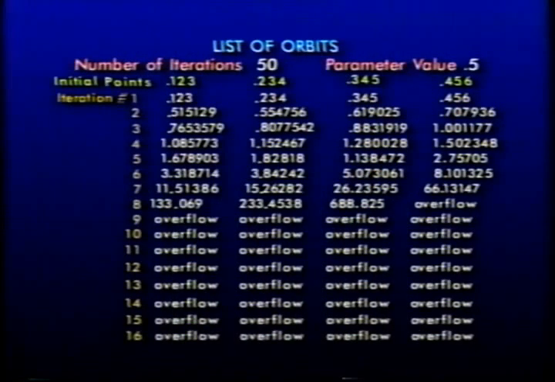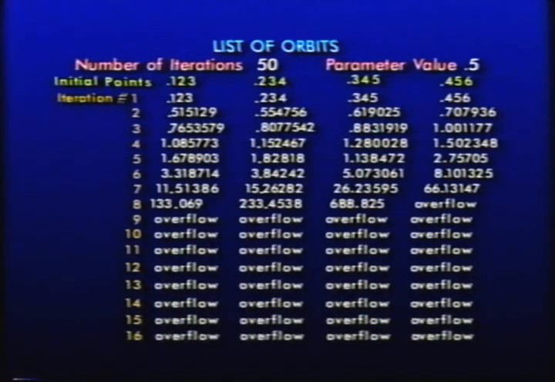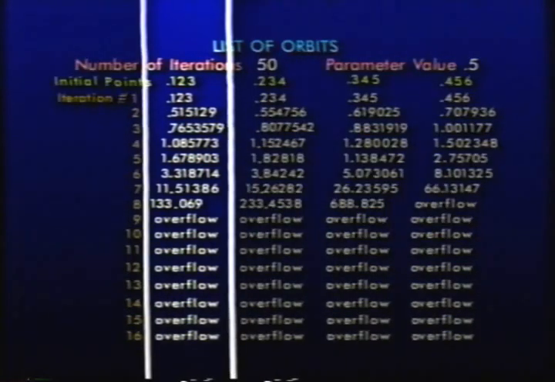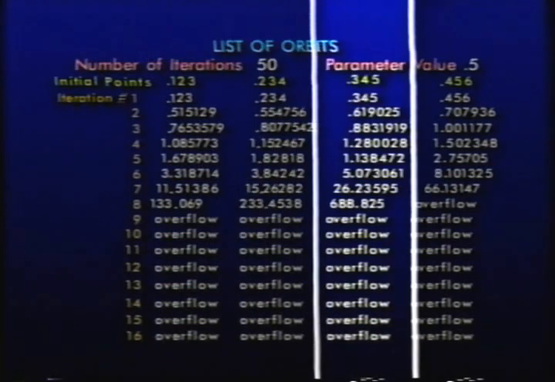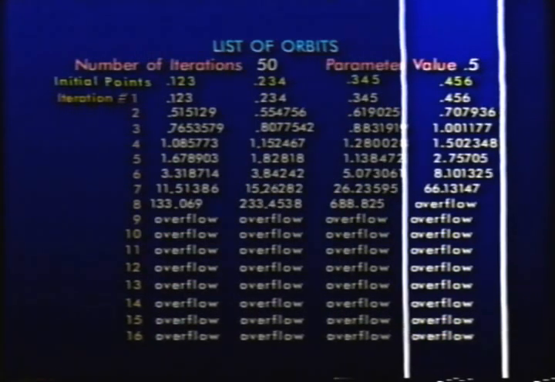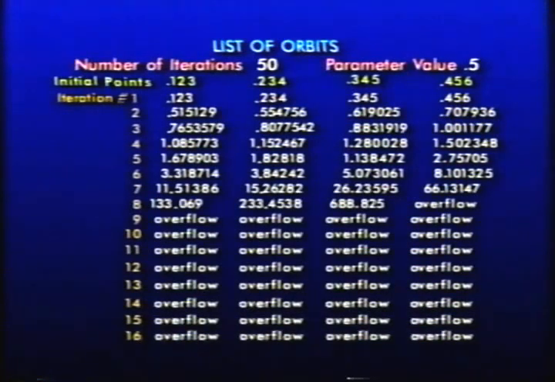Here we've listed the orbits of each of those points. Vertically, we see the orbit of 0.123, 0.234, 0.345, and 0.456. And notice what's happened. While the individual numbers here aren't very important, notice that no matter which initial condition we start with, the numbers begin to grow.